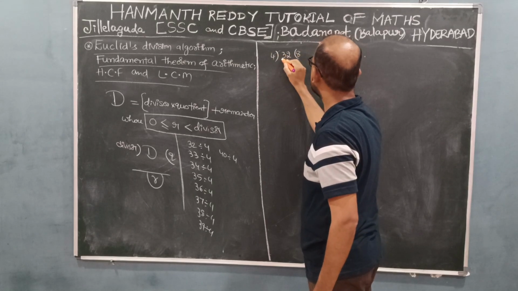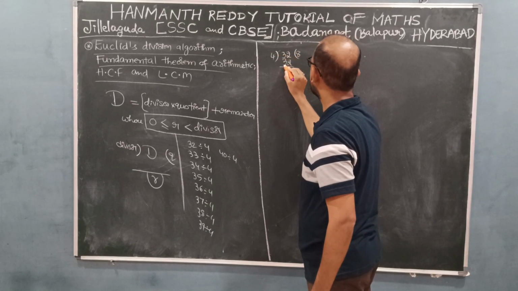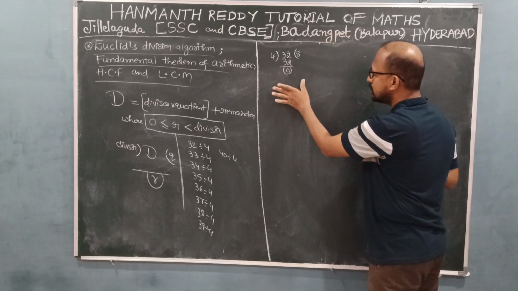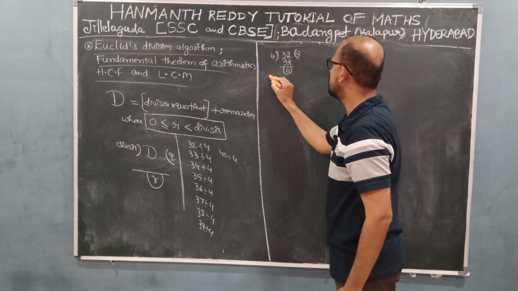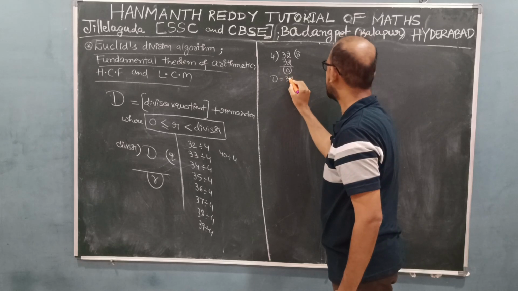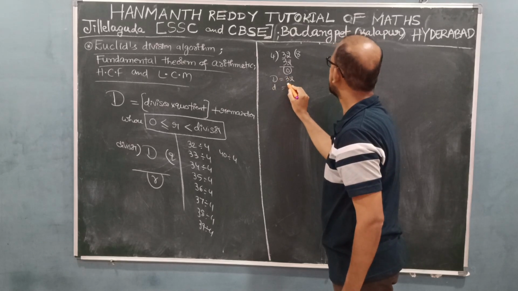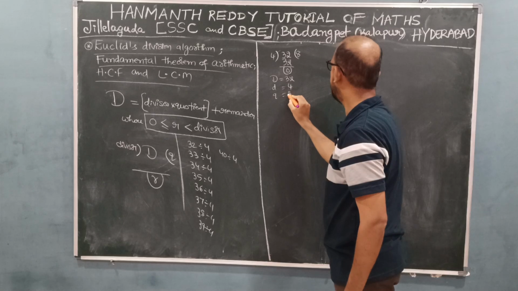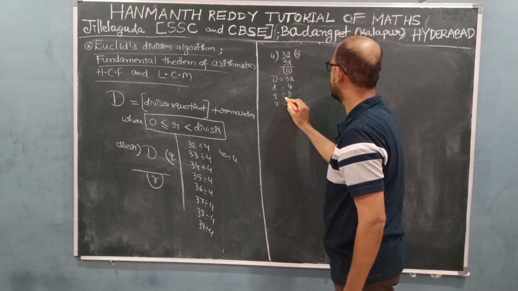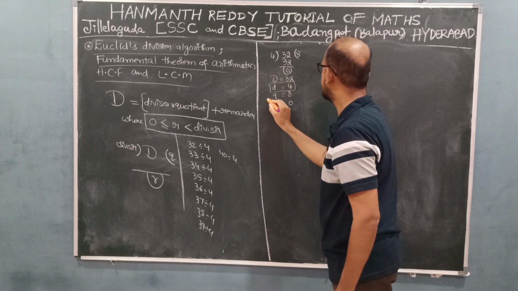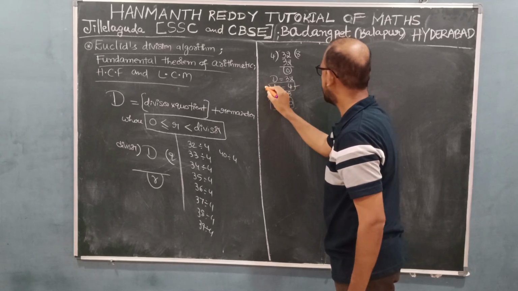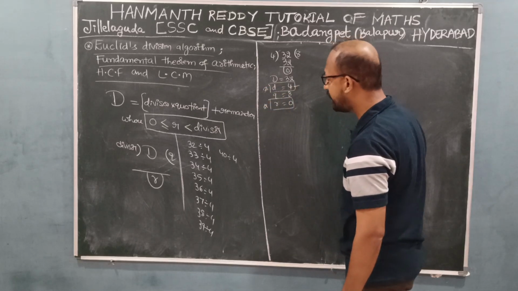Directly we can write 4 eights are 32. Remainder is 0. Write the terms in the division: dividend equal to 32, divisor equal to 4, quotient equal to 8, remainder equal to 0. These two are very important. Now I am focused on this divisor and remainder.